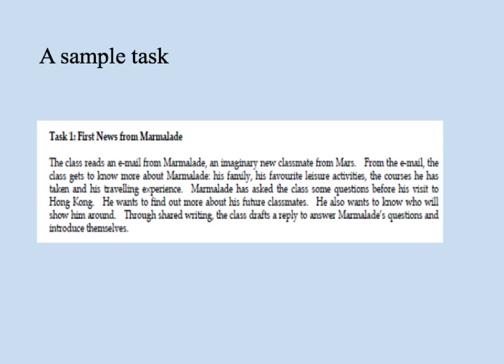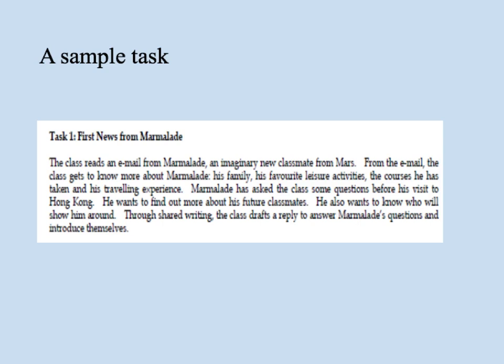Now, what exactly is a task? Let's look at one example taken from the 2004 Primary English Curriculum. This one is for Key Stage 2, meaning P4 to P6. So, in this task, the class reads an email from Marmalade, an imaginary new classmate from Mars.